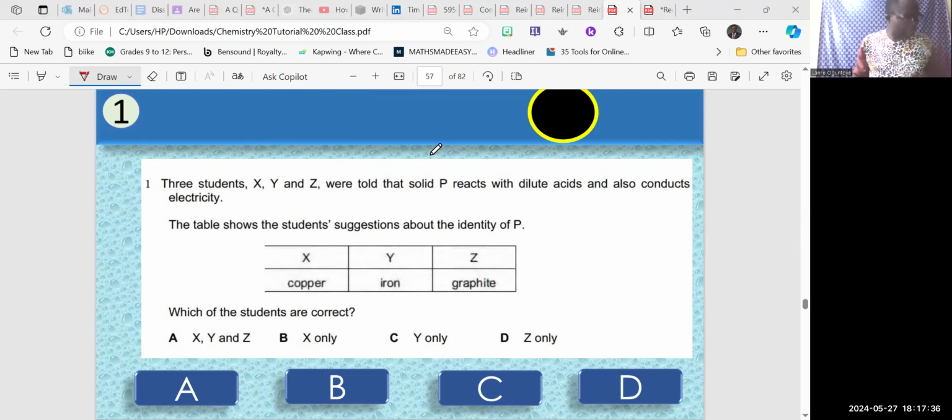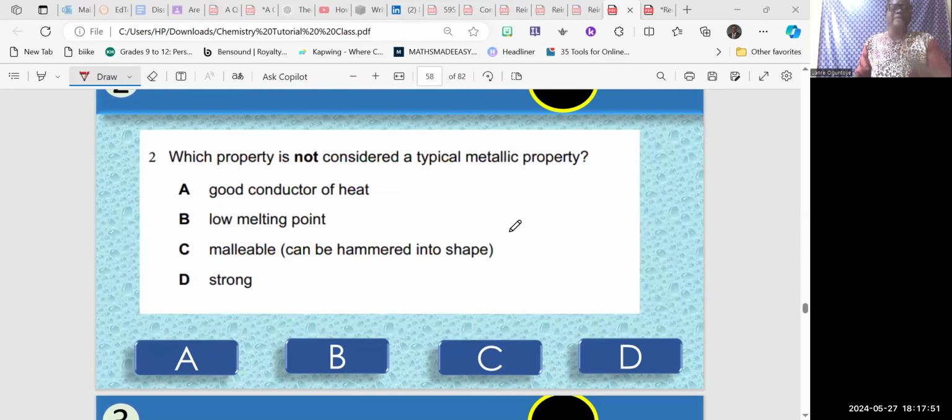Number 1 is C, correct. Okay, good. Number 2, quickly. 30 seconds is over. Number 2, which property is not considered the typical property of metal? We'll get 2 responses and move on. Number 2 is B, correct.